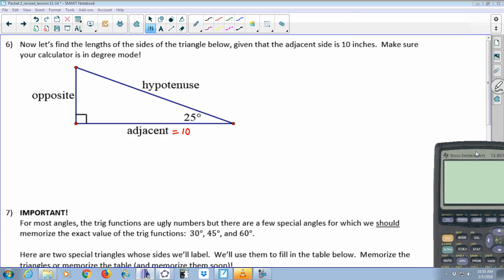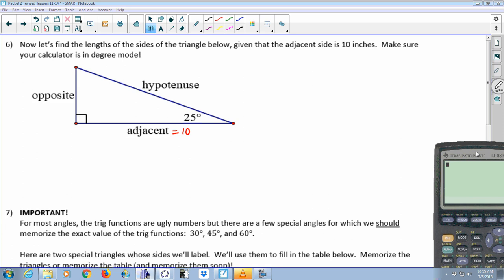So how are we going to find the length of this side? Well, this is the opposite side. If we knew the opposite over the hypotenuse, we would have no work to do. So all we have is the adjacent. So you have to think in your mind, what trig functions have adjacent in them? Well, cosine has adjacent over hypotenuse, right?